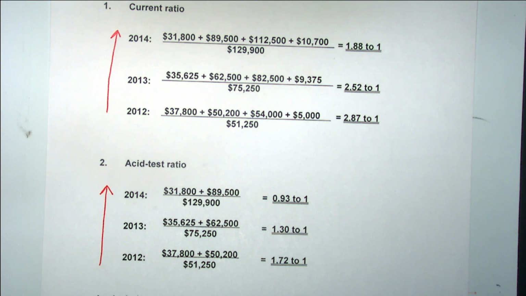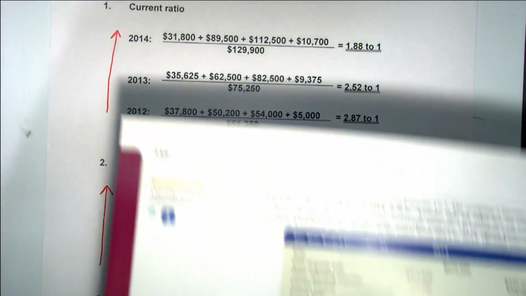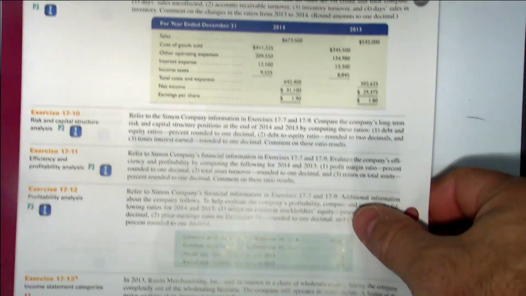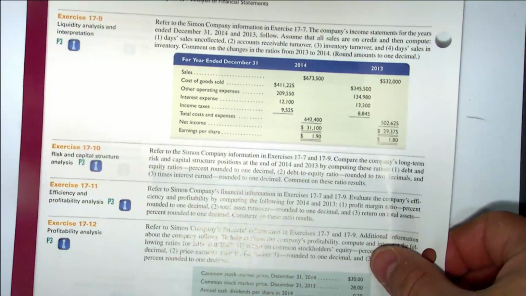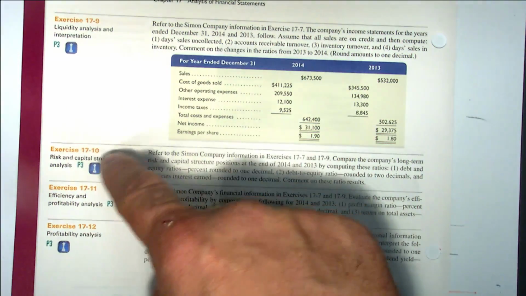Okay, no? Well then let's take a look at, it's kind of a continuation of this, isn't it? All right, let's take a look at exercise 17.9. Okay, they give us some more information. You can actually see all the data for 17.9, 10, and 11.